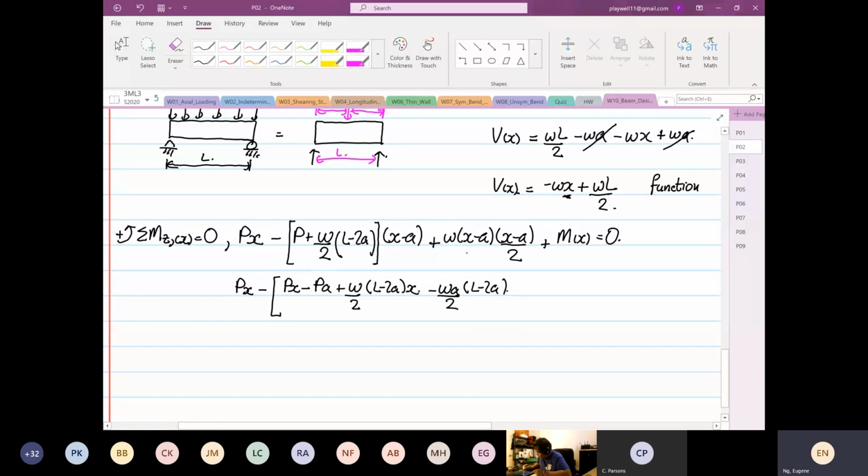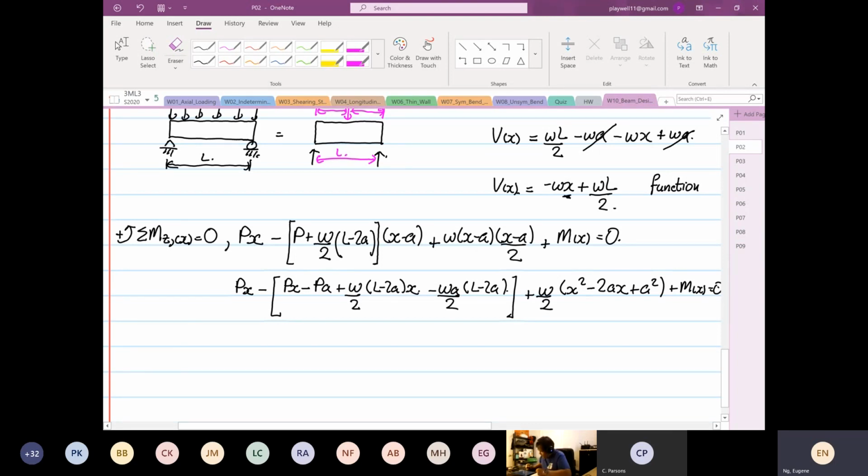Any spot mistake, let me know. Okay, I think I'm good so far. Then you have plus omega over 2 (x squared minus 2ax plus a squared), plus M as a function of x is equal to 0, right?